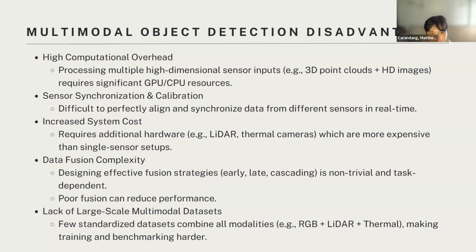It's also difficult to perfectly align and synchronize data from different sensors in real time. Data such as, in this instance, camera and LiDAR, is really hard to perfectly sync up. Then there's increased system cost, since you will need more sensors. This would mean that it's more expensive.